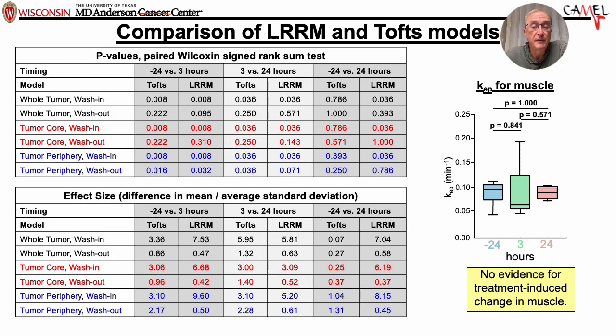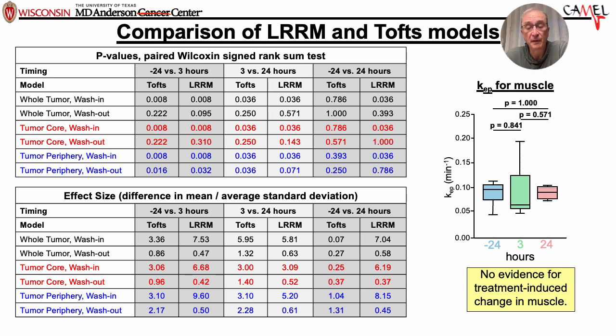Okay, so if we were to compare the LRRM and the Tofts models, the Tofts model calculated p-values that were comparable to the LRRM, except the far right columns show that at minus 24 to plus 24 hours, the LRRM performed better. And this was seen in the tumor core wash-in and tumor periphery wash-in.